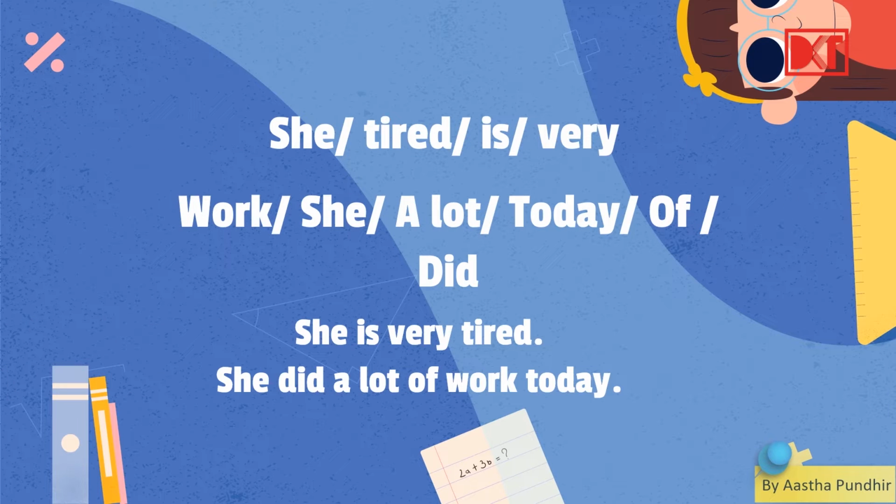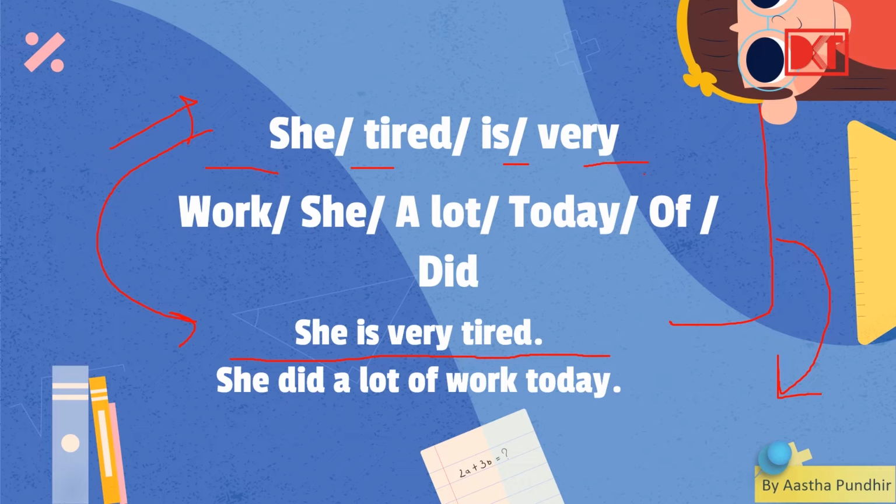Alright, so here you see we are given a few jumbled up sentences. These are the jumbled words, and then we have to form a meaningful sentence. Let's see the first one. She tired is very. Here this can be unjumbled and written as: she is very tired.